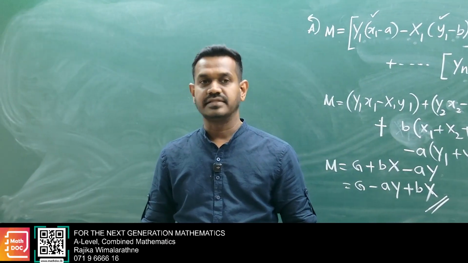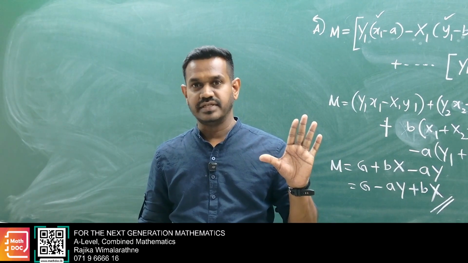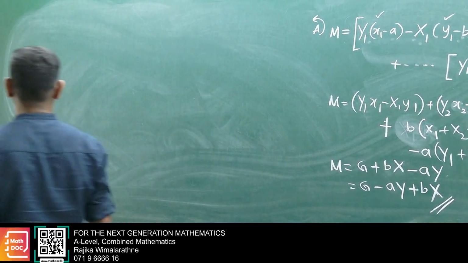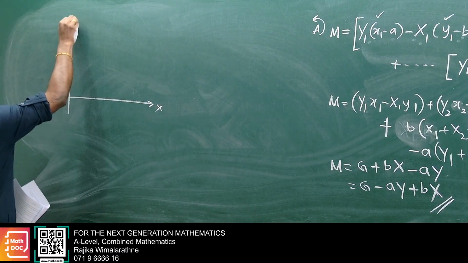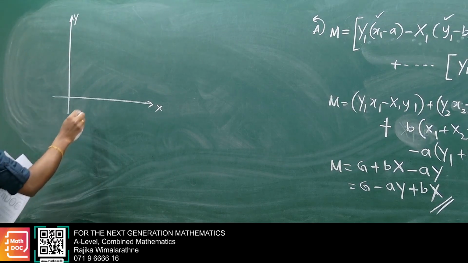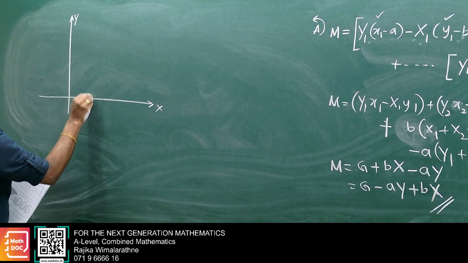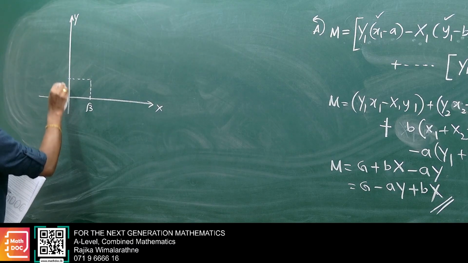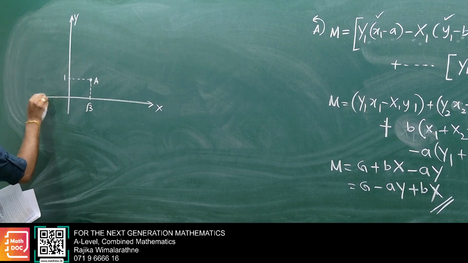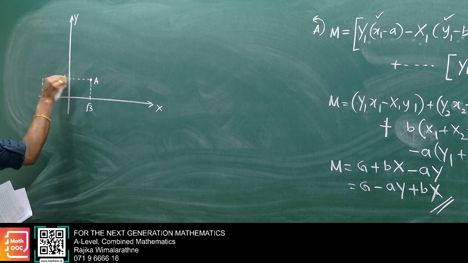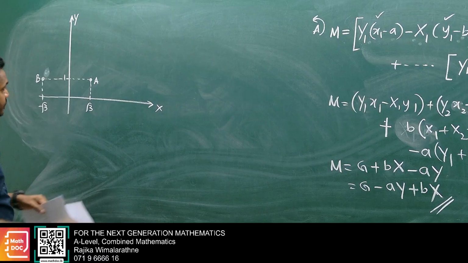Okay, now the system of forces is not given, but let's do this; there is a special type of correction. Here x-axis, y-axis. Here the point A at (3, 1), then the point B at (minus 3, 1), and another point at (0, 2).